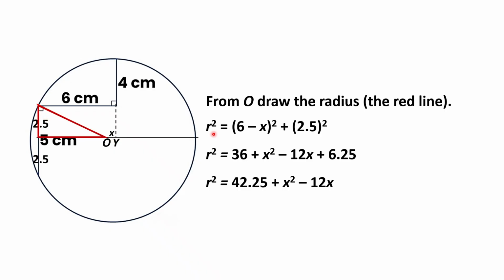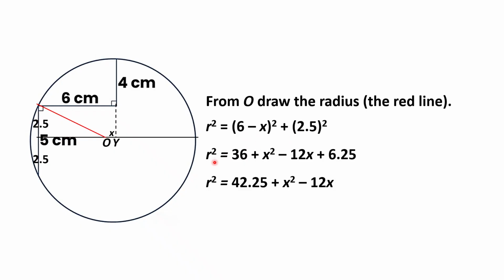So r square is equal to, the total is given as 6 and this OY equals x, so the remaining base will be 6 minus x. So r square equals (6 minus x) whole square plus the altitude 2.5 whole square.